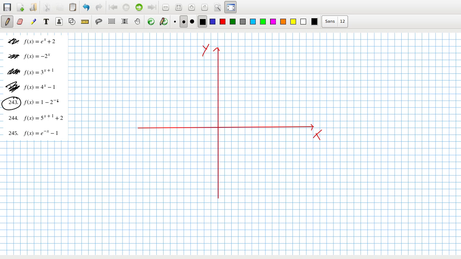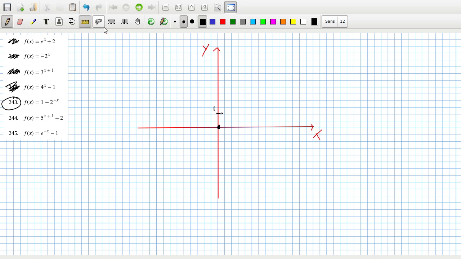So when x is 0, that's 2 power 0, which is 1. 1 minus 1, so it passes through the origin. Now this one is decreasing. So as x goes to infinity, this will go to 0. So it'll head off to 1.